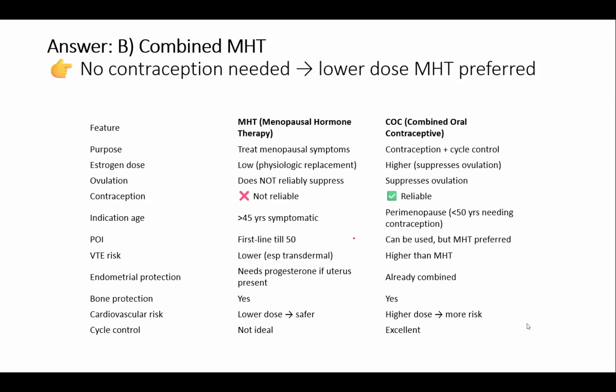In a patient who has attained menopause, no periods for more than 12 months, or whose husband has already been vasectomized, then why would you give a high dose of estrogen, which will have thromboembolism effect, which will have endometrial cancer risk? In those situations, you will go with menopause hormone therapy, which is the first line in premature ovarian failure until 50 years, because ovarian failure has already happened. There is no chance of pregnancy. Then why should you give a high dose of estrogen? Am I clear?